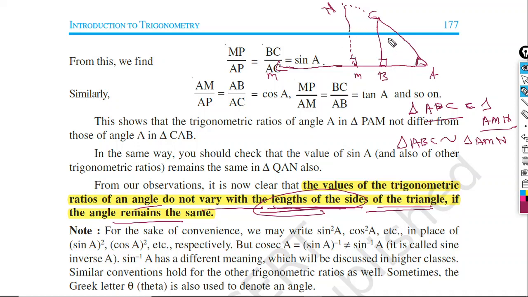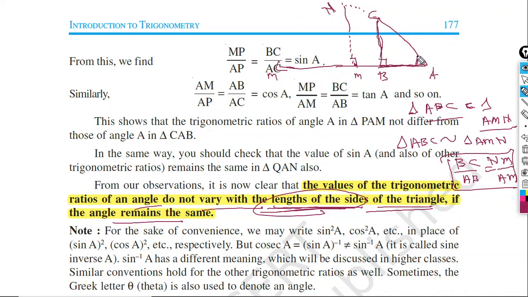Therefore you can write BC by AB will be equal to what? NM by AM. BC by AB equal to NM by AM. Now you see what is BC by AB?